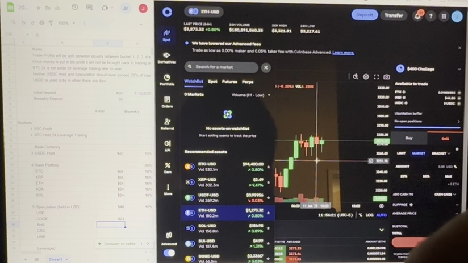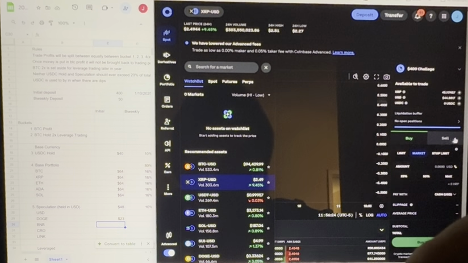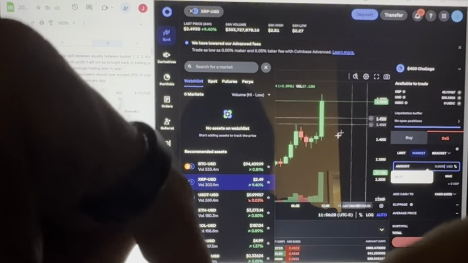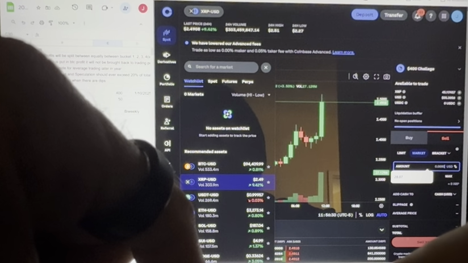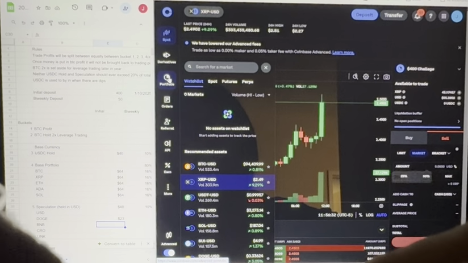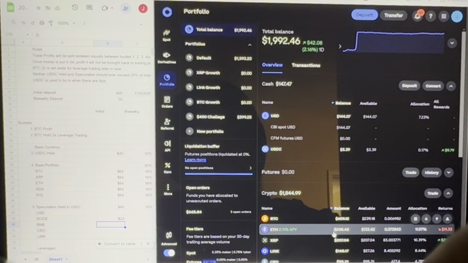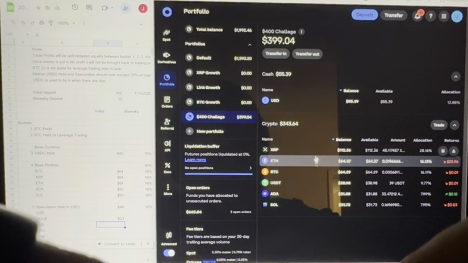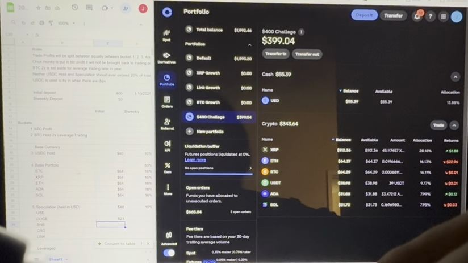I'm an idiot. Go back to XRP. We're going to sell. Go back here. XRP. Wrong. Come into this part. Yeah, XRP I bought instead of sold, so that's what I thought I did.